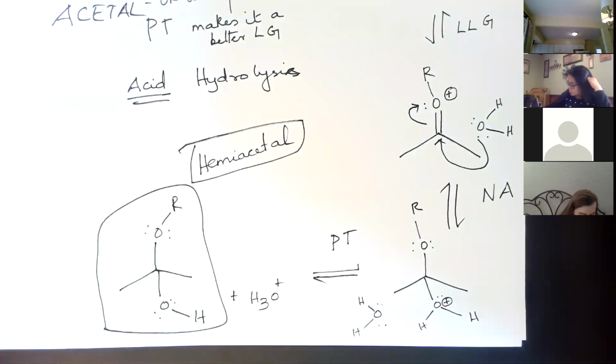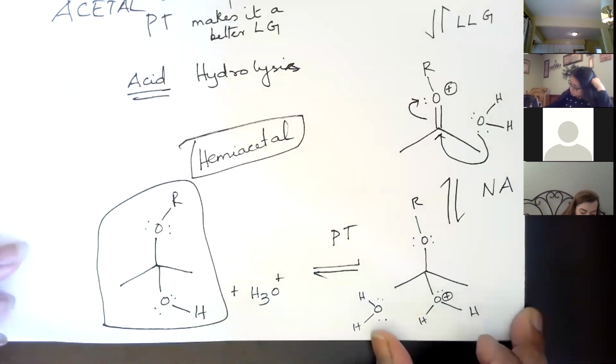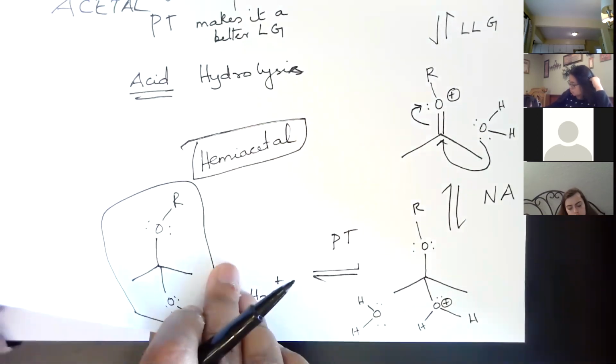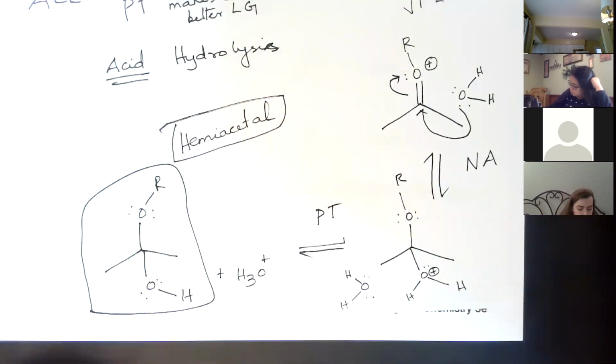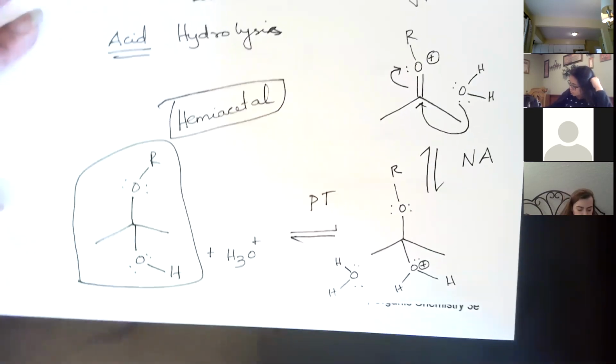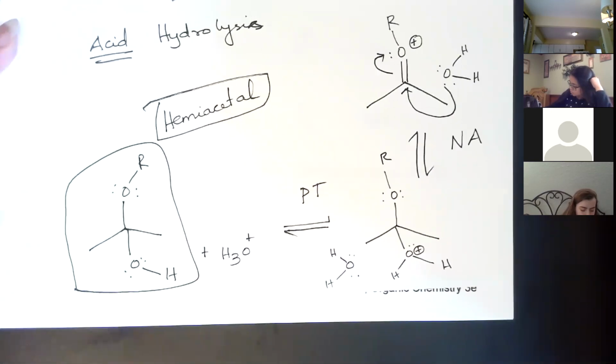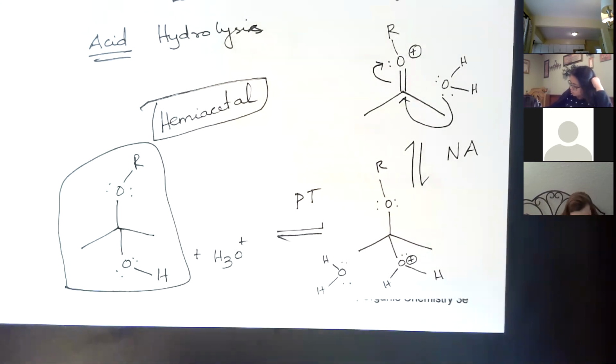Now we have to take the hemiacetal and convert that to the ketone. Okay, so I'm going to take the hemiacetal. I'm drawing big so all of you can see it.